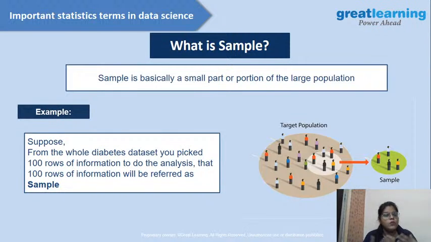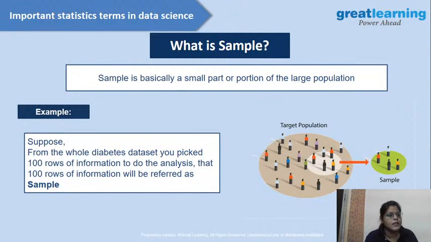Suppose the whole world is our population. If you take a particular state or a particular country's data, that data will be nothing but your sample from the whole world. This is the basic understanding of sample and population.